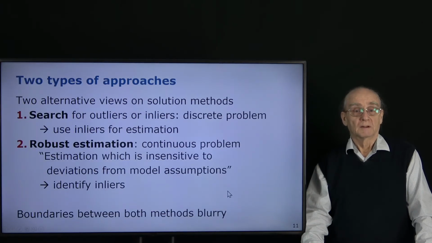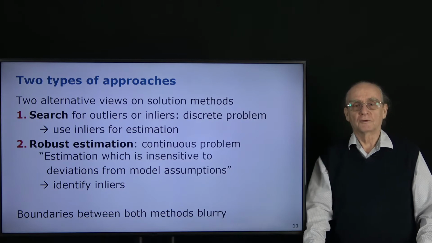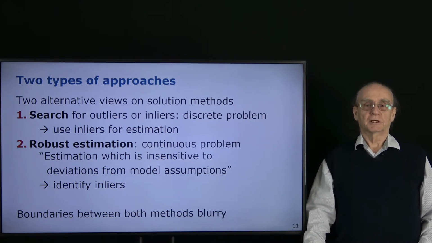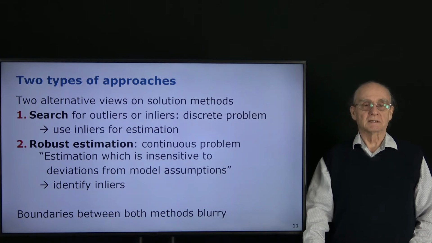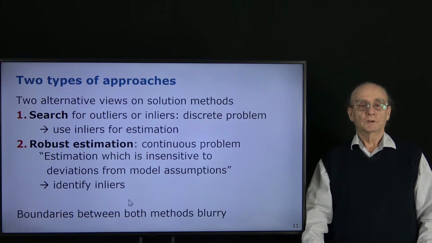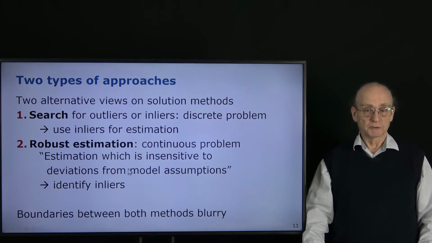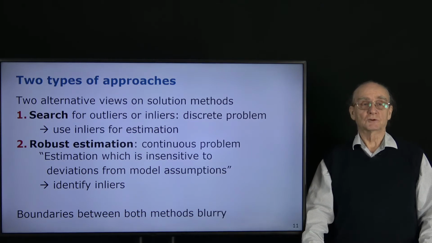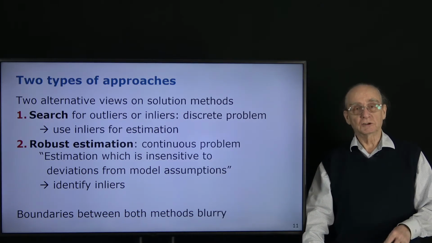So there are principally two types of approaches, and they differ significantly. One is to say, I search for the outliers or for the inliers. So you have a discrete problem. So we want to find that group of points which actually are inliers. And then we can use those inliers for the estimation. That's a discrete problem. Or we could modify our estimation procedure so that it is insensitive to deviations, to violations of the model assumption.